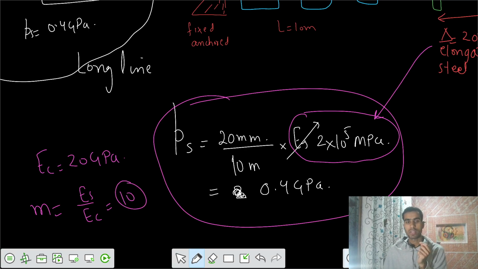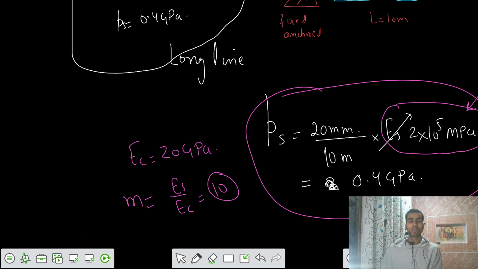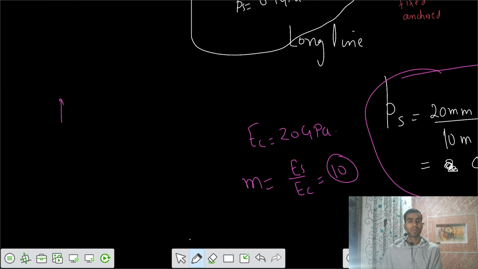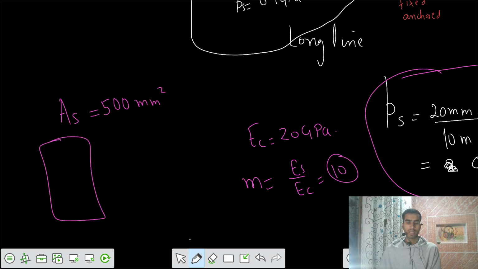Your modular ratio is 10. And one more data provided in the problem is the area of the steel, and this is your section of the concrete beam, that is the PSC beam, 200 by 400.